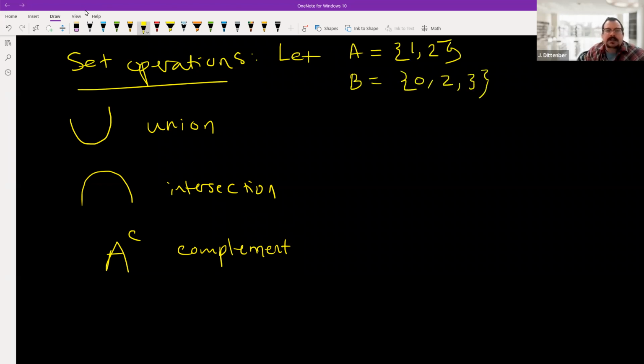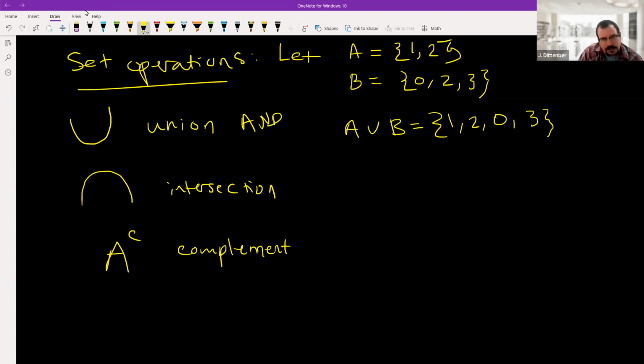An example of the union, we would write A union B is equal to the set that includes everything that's in A and everything that's in B. Now remember when we talked about propositional logic, this is similar to the binary operator and. So this is a way we can combine the sets. Then we have intersection, which should remind you of or.